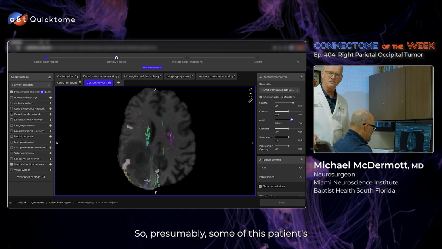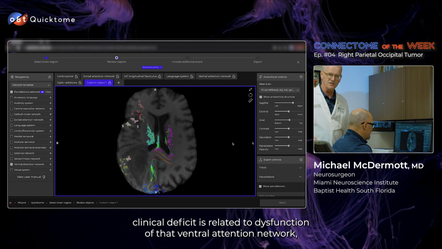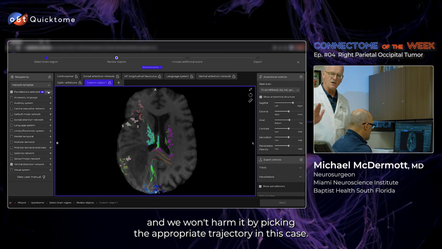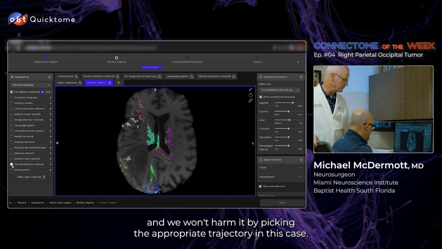So presumably some of this patient's clinical deficit is related to dysfunction of that ventral attention network, and we won't harm it by picking the appropriate trajectory in this case.